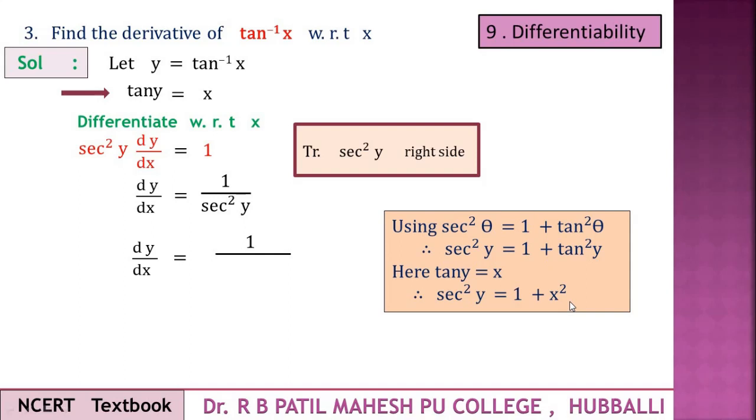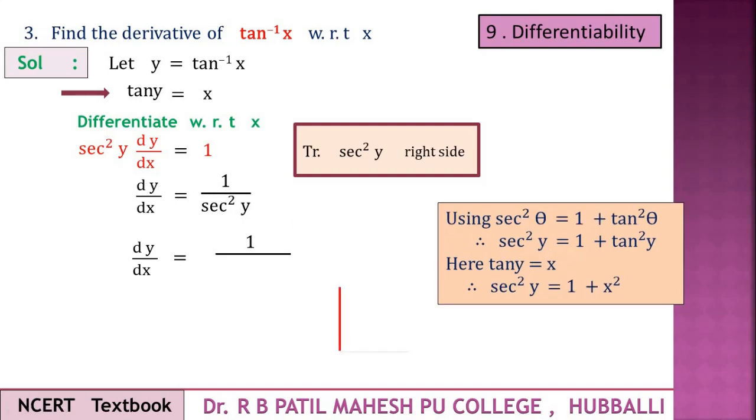You can even find out secant square y using the triangle method. Draw a right angle triangle, and the angle is y. In the second step, tan y is equal to x. Tan y is opposite divided by adjacent, so opposite is x and adjacent is 1. So you mark x on the opposite side and 1 on the adjacent side.